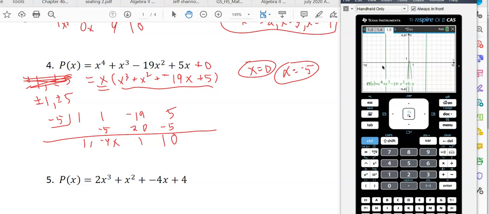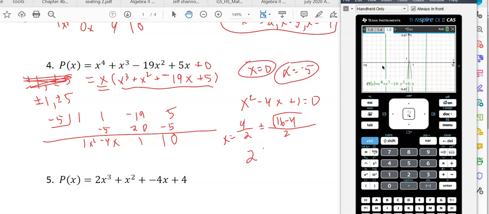So this is a quadratic, so we get x squared minus 4x plus 1 equals 0. We're going to do the opposite of b, so that's 4 over 2a plus or minus square root of 16 minus 4ac.